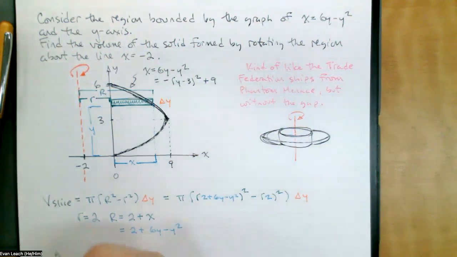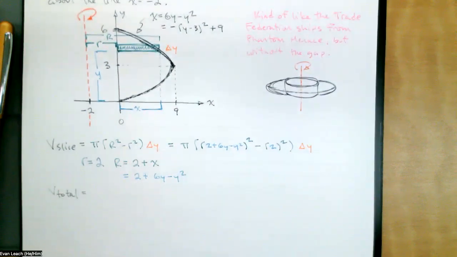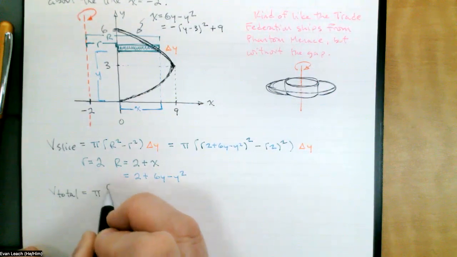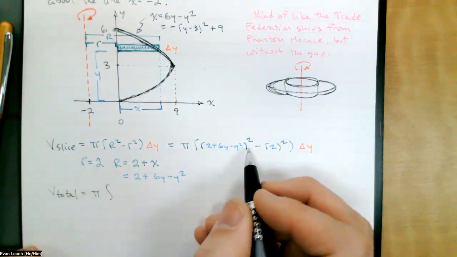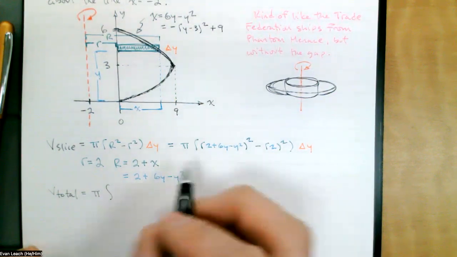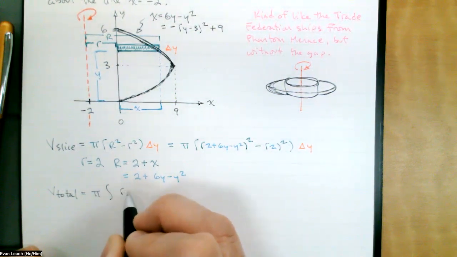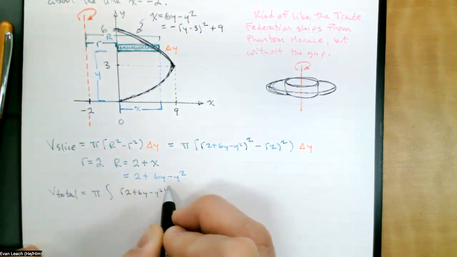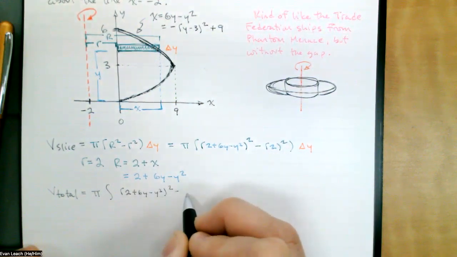and set up the definite integral. So our total volume, let's see, I'm going to factor out the pi. And then I'm just going to leave this. I don't want to square this trinomial, so I'm just going to leave it: 2 plus 6y minus y squared. I will square the 2. That I can handle.